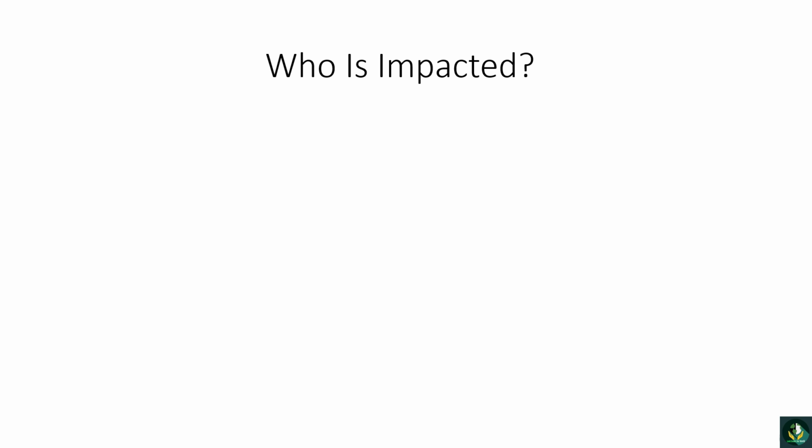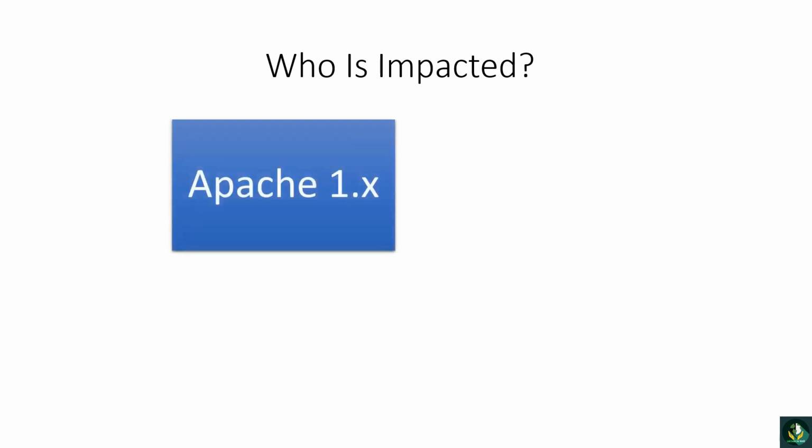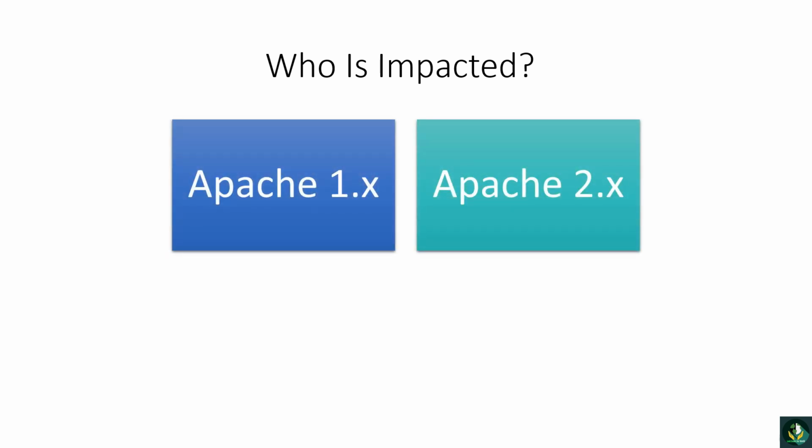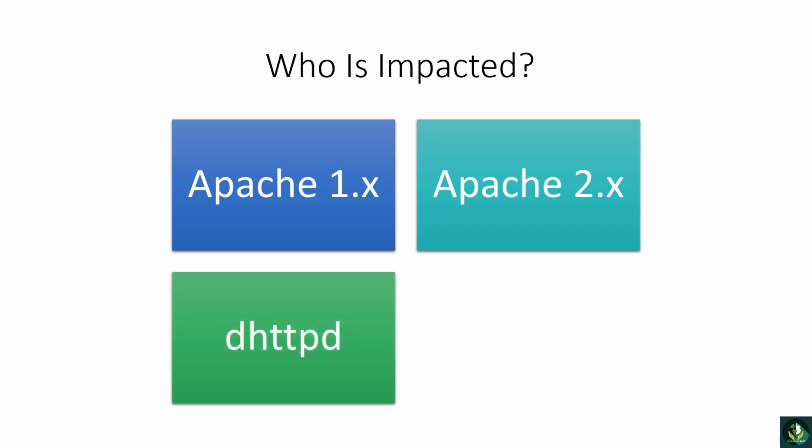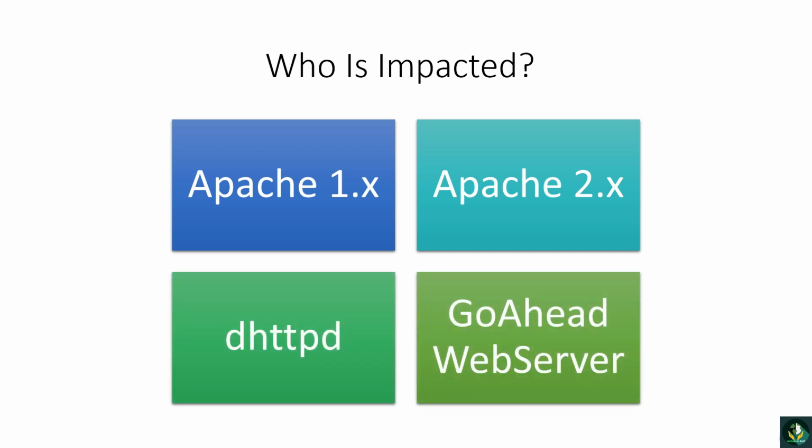Vulnerable systems include Apache 1, Apache 2, dhttpd, and also GoAhead Web Server. So all of those are impacted by Slowloris.